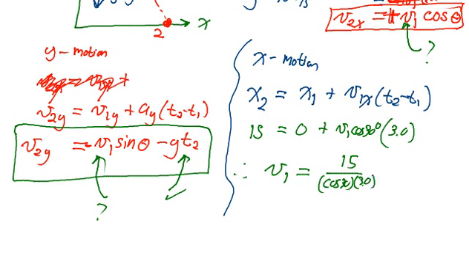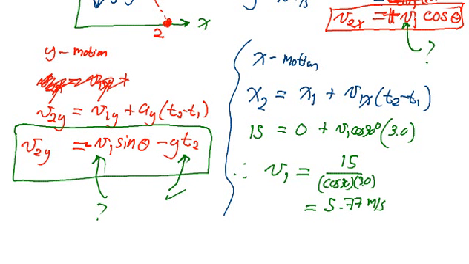And so we can figure that out on our calculator: 15 divided by the cosine of 30 divided by 3 seconds, and that equals 5.77 meters per second. Let's check that one last time. 15 divided by cosine 30 divided by 3 seconds. 5.77.